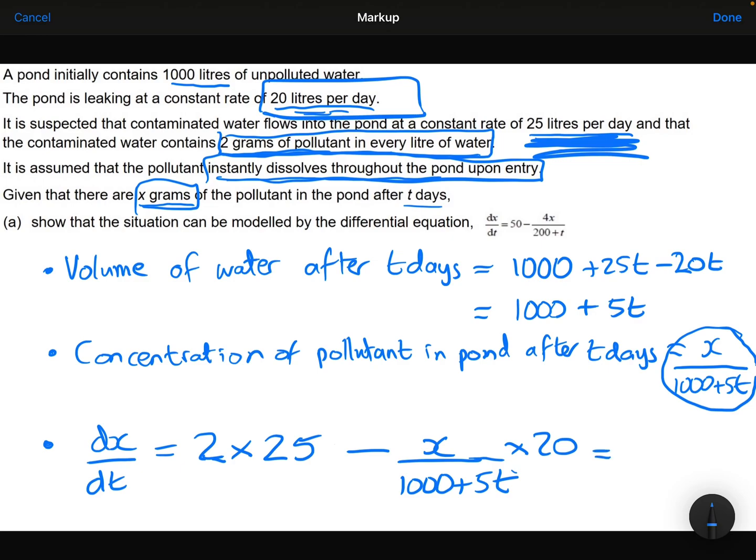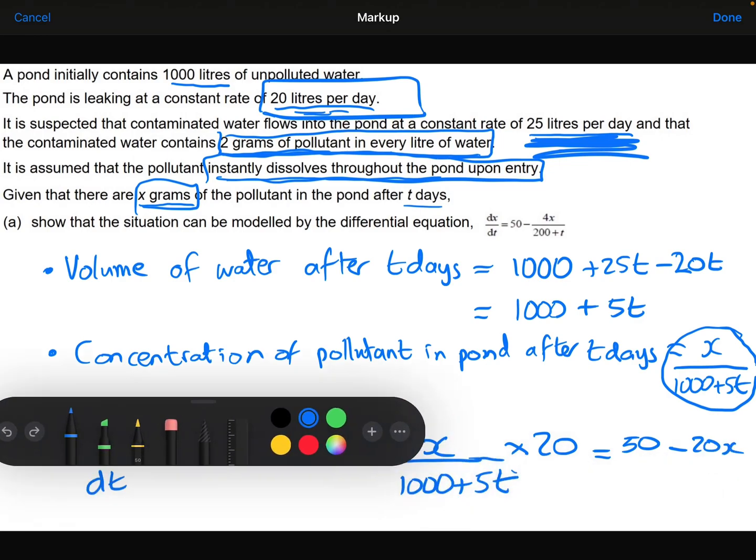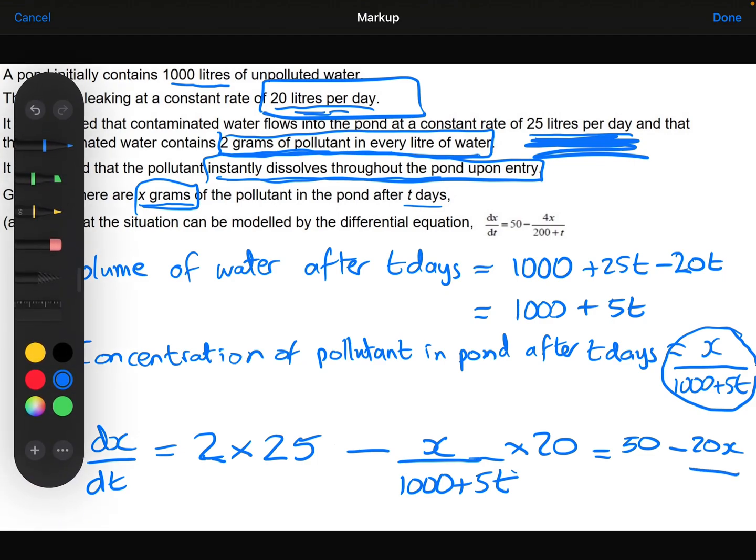The 2 times 25 is 50. Then we've got the 20x over the 1,000 plus 5t, and all we're going to do now is divide the top and the bottom here by 5. So the 20 divided by 5 is just 4.